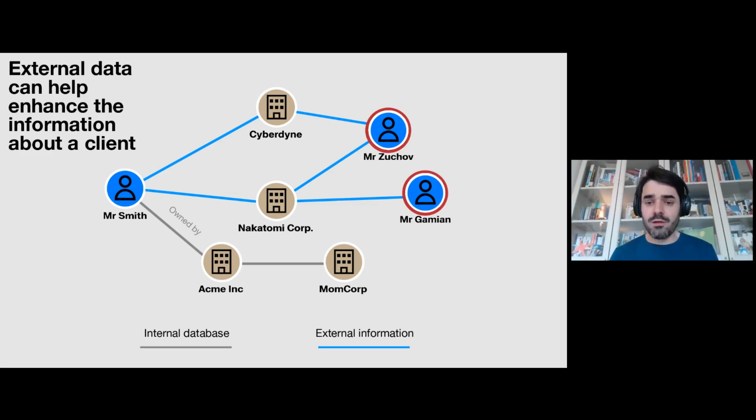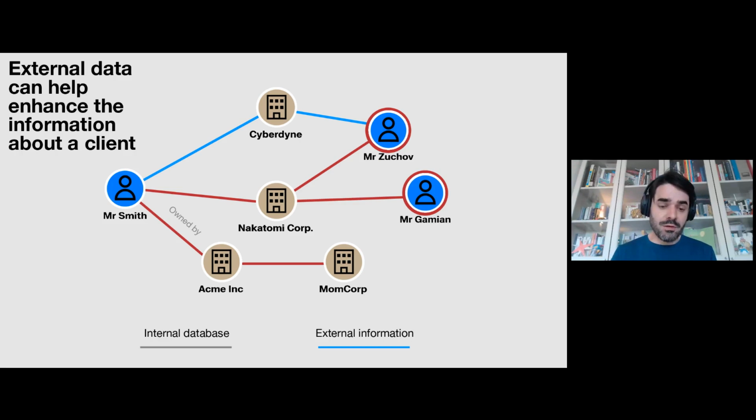And of course, maybe these two individuals are actually known bad actors. Maybe they are politically exposed persons, or maybe they are on a sanctions list. And if so, knowing that my client is indirectly connected to these bad actors is going to change how I will perceive the risk of doing business with my client.